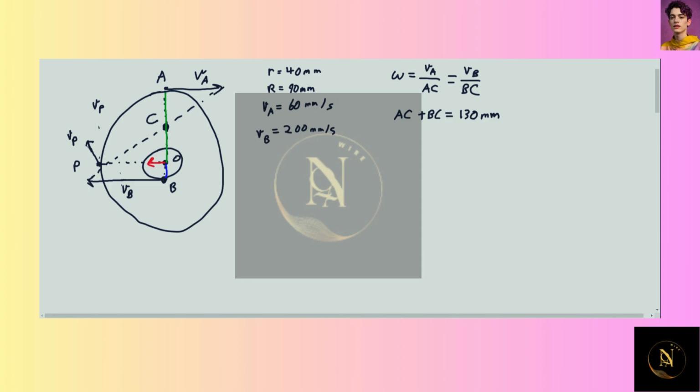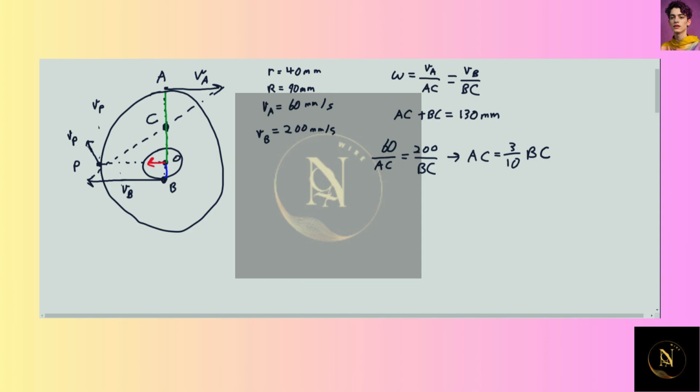From our equation for omega here, we can find that we have 60 over AC equals 200 over BC, or AC equals 3/10 BC.